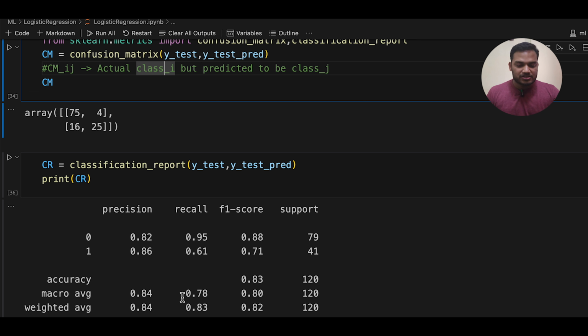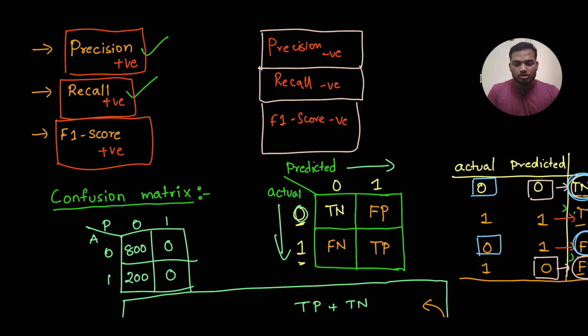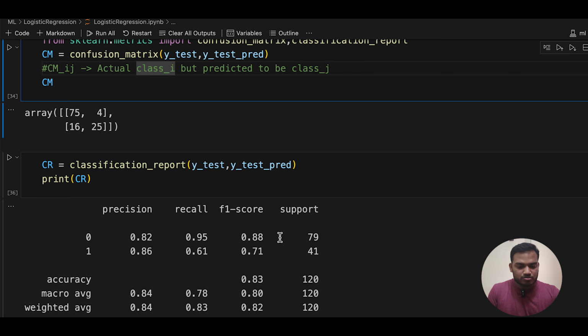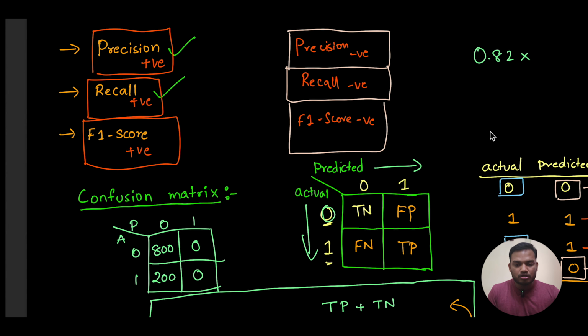Whereas weighted average is like, in this 0th class there are 79 points, right? Whereas in class 1 there are 41 points. So how this weighted average will be calculated is, let's take precision. For negative class it is 0.82 and for positive class it is 0.86. So it will be 0.82 into how many negative class points we are having? 79 points, right?